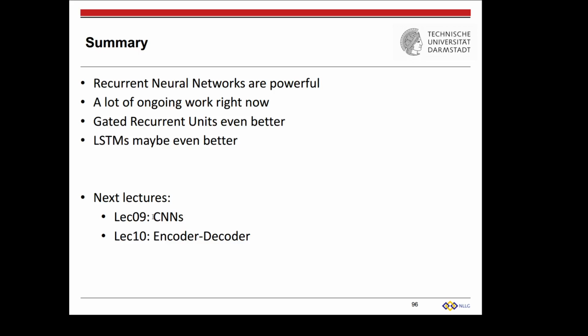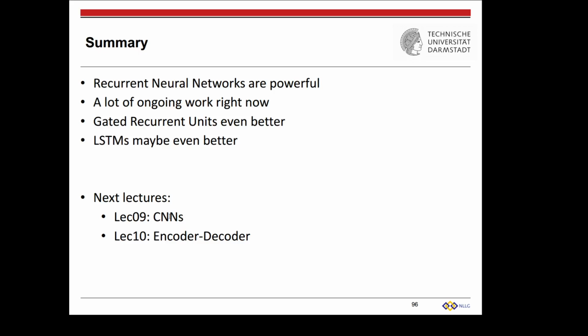In contrast, convolutional neural networks address more the classification problem, where we have a sequence and want to classify the whole sequence, whether it's positive, negative, or something else.